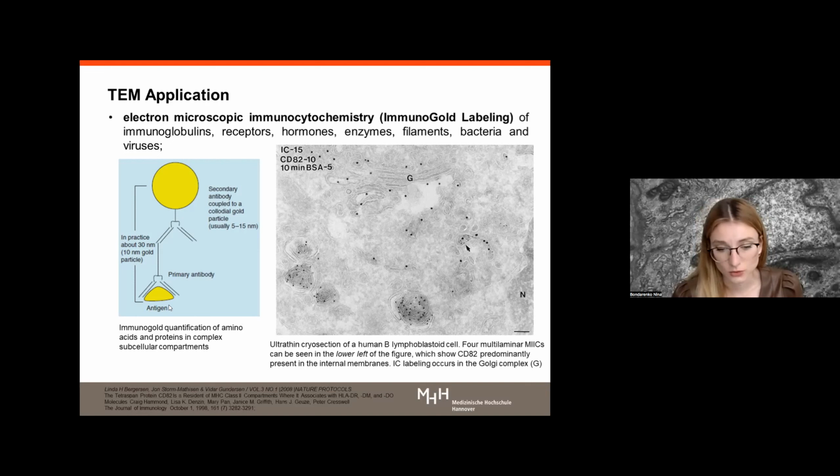And as a result of this, after a lot of preparation and sample processing, you can recognize different specific antigens in the cytoplasm of the cell or on the surface of the cell. Like, for example, here in the big lymphoblastoid cell, we can find the CD82 antigen domain in the MHC class 2 compartments. So that was an investigation of the main MHC complex.